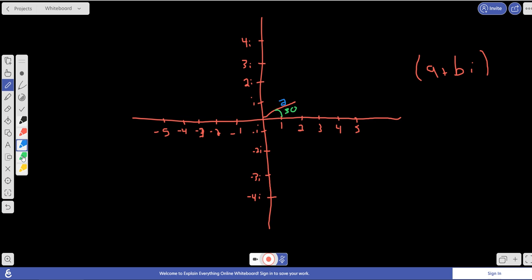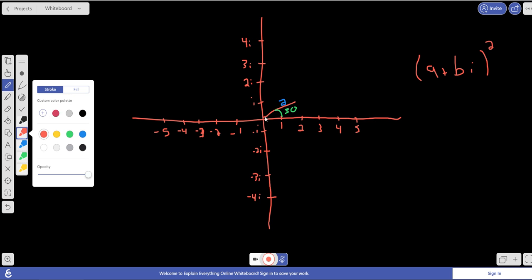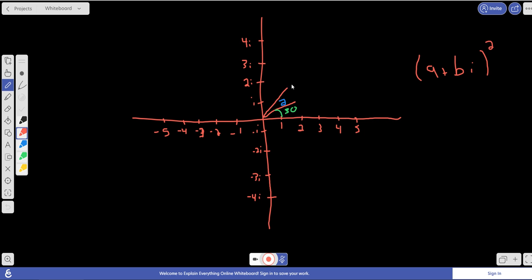So first here, let's square this. Let's see what happens when we square this. So what's going to happen here is we're going to move another 30 degrees. So whatever this initial angle is, when we increment the power, it's going to go an additional 30 degrees.